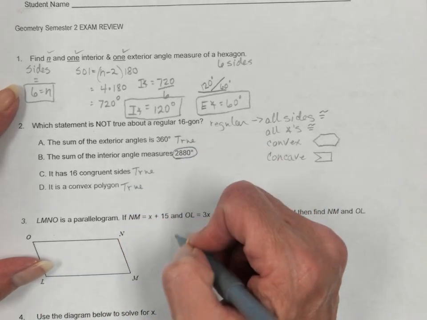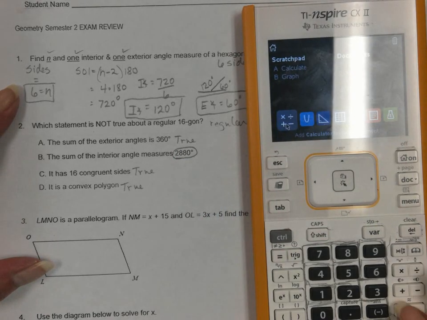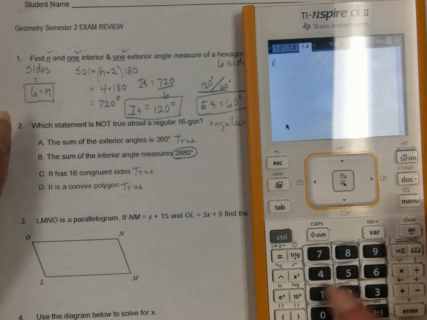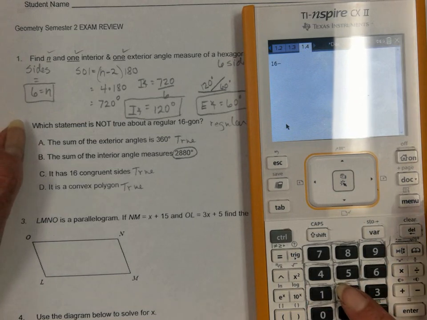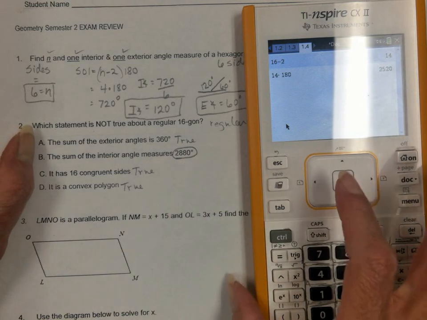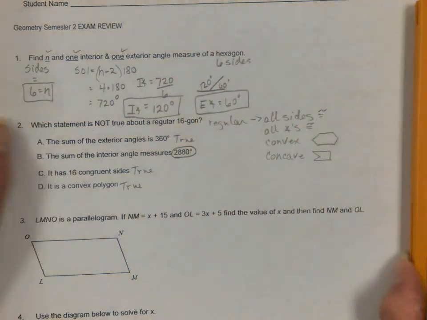This is the one I got to work on. Okay, I got to test and see if Miss Hart made a mistake and find out, does a 16-sided figure, minus 2 times 180, have a sum of interior angles of 2880? And in my calculator, I get 2520.